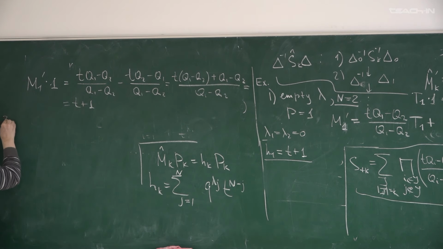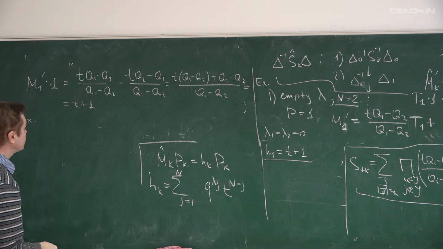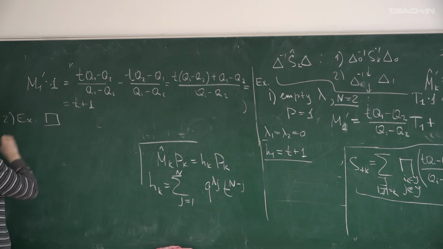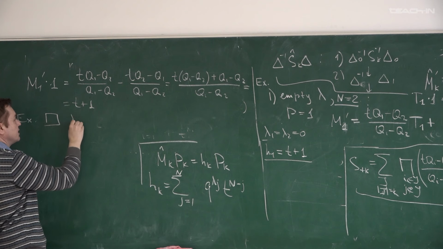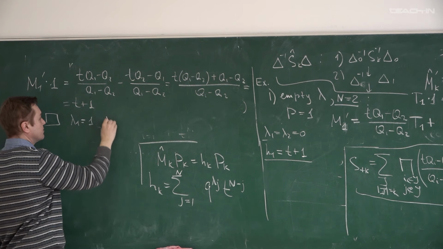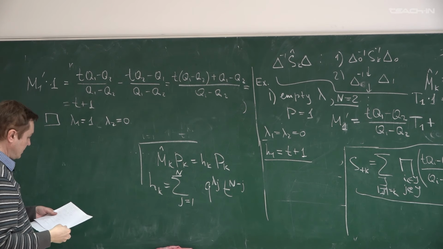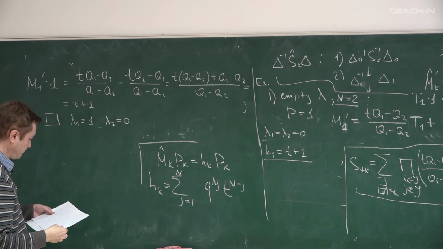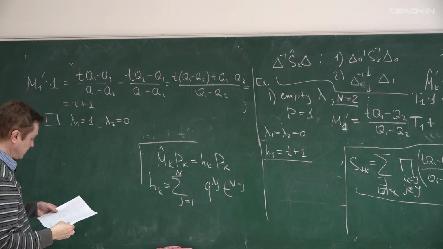The second example, let us consider the first non-trivial example when we have a unit diagram given by one box. One box means that we have lambda 1 is equal to 1 partition and lambda 2 is equal to 0.